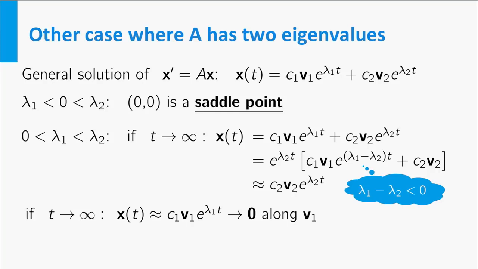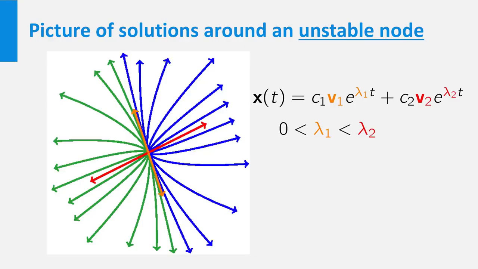And apart from the solution where the coefficient c1 equals 0, the term with the smallest eigenvalue, λ1, determines the direction. In this case, the origin is called an unstable node, or a repeller. It repels solutions. We now get a picture like this.